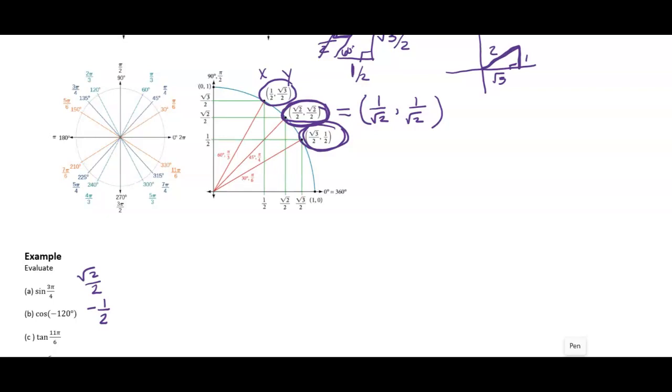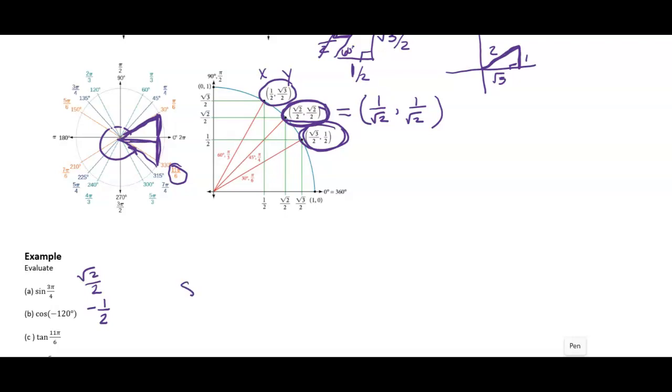All right, this next one is the tangent of 11 pi over 6. So 11 pi over 6, if I go all the way around, I know that my reference angle is 30 degrees. This maps to the triangle right here in quadrant 1. Now let's make sure that we have our signs here correct.